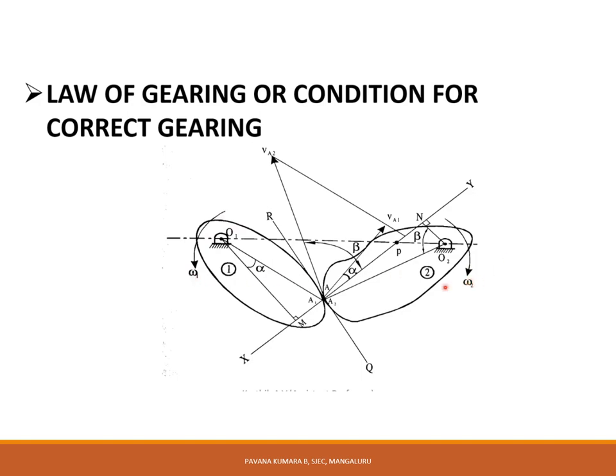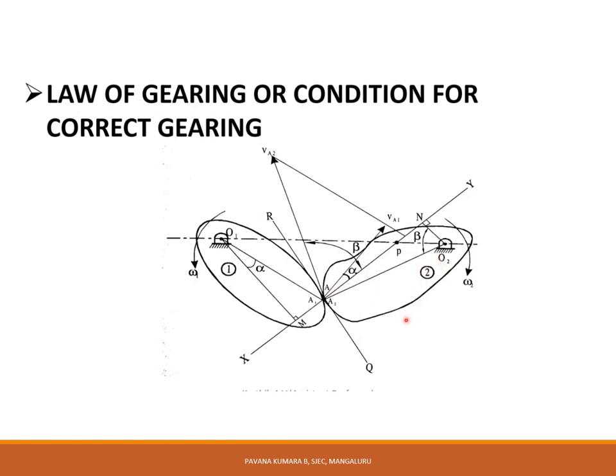If they produce a constant angular velocity ratio during meshing, then they are said to have conjugate action. Involute tooth profiles are ones which give a conjugate action. So this is called involute tooth profiles.